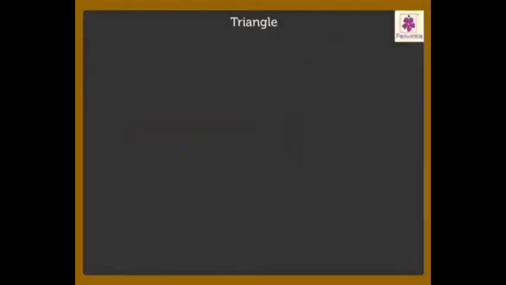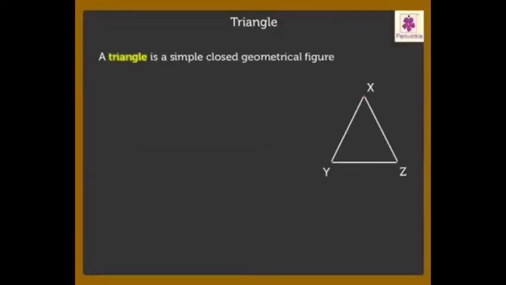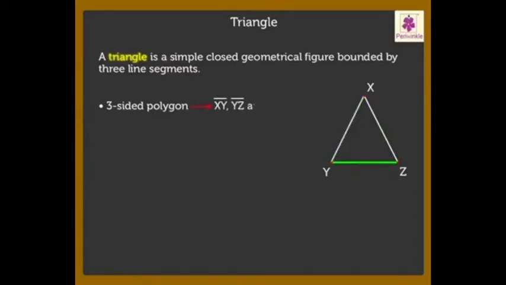Okay. A triangle is a simple, closed, geometrical figure bounded by three line segments. Look at this figure. It is a three-sided polygon with sides as line segment XY, line segment YZ, and line segment XZ. They can also be represented using small letters x, y, and z.